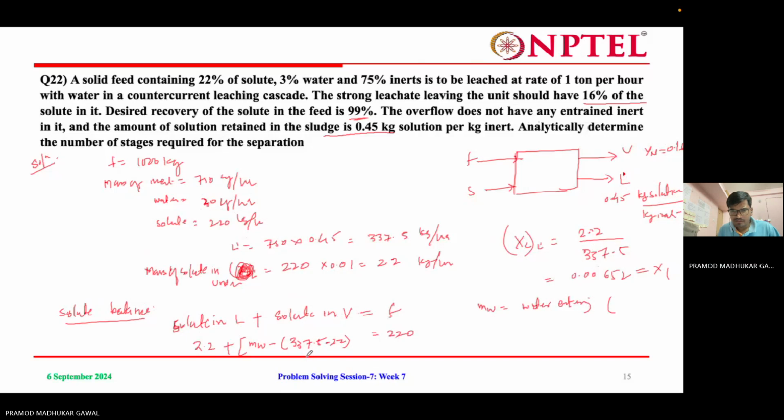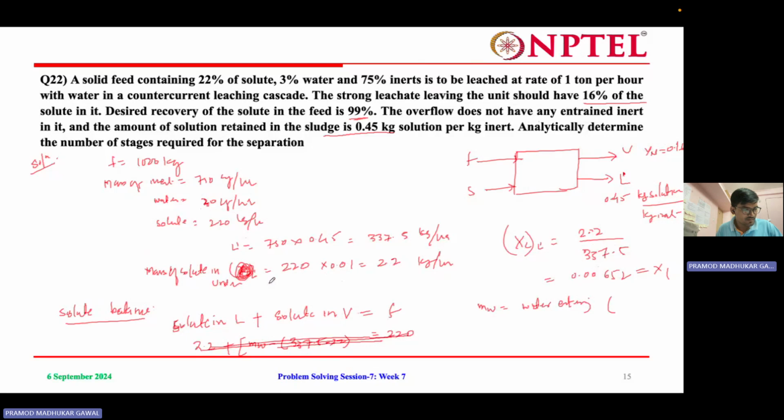So here in the underflow, 2.2 kg per hour of the solute.